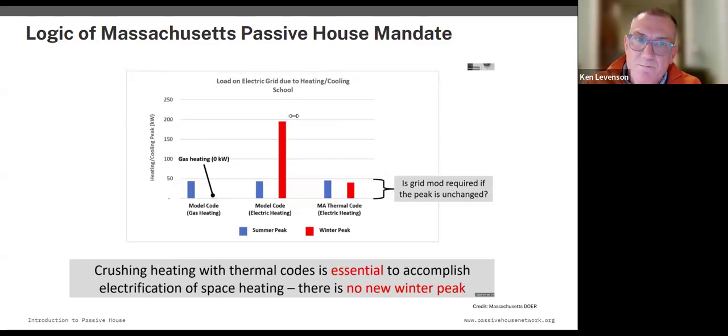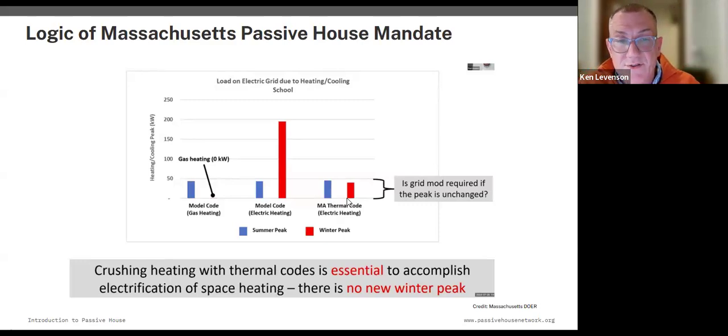So all of a sudden, Massachusetts is looking at billions of dollars in costs from the utilities to upgrade the grid's capacity to handle this. If that same school was built to Passive House, which is the thermal code in Massachusetts, the winter peak is no greater than the summer peak, all electric. So the peak load on the grid has not increased due to that building, and you don't have to increase the grid capacity for that building.